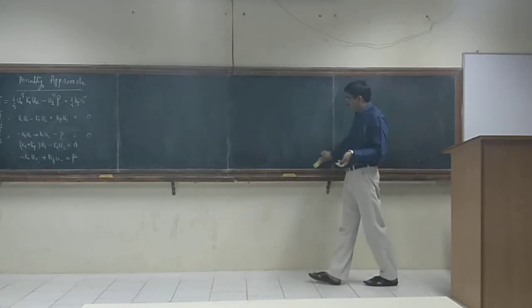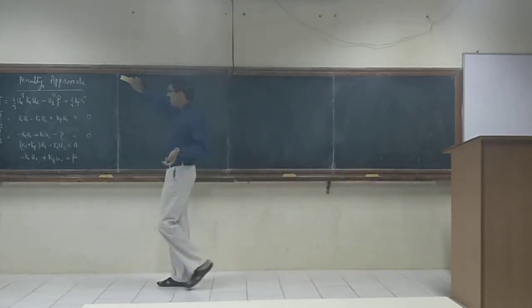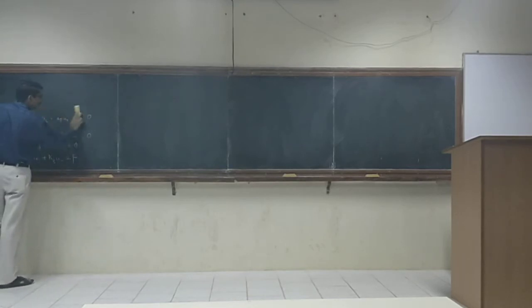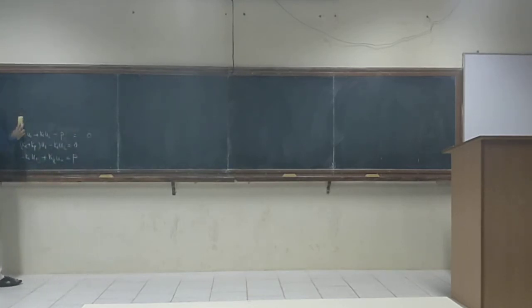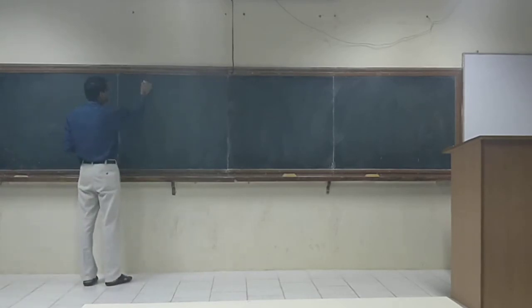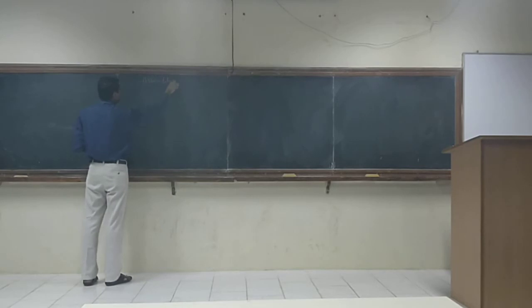Now the same problem we are going to tackle, but this time with two elements. So how to use the connectivity? How to put the set of equations together? This process we call assembly. The major concept we are going to understand here is assembly.